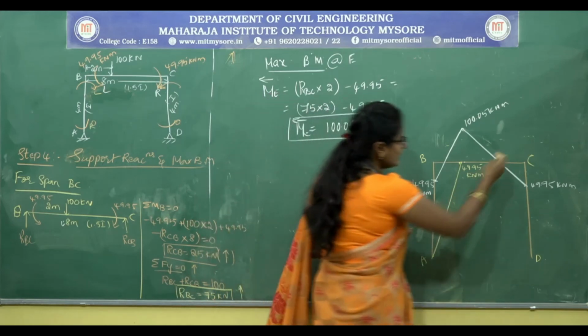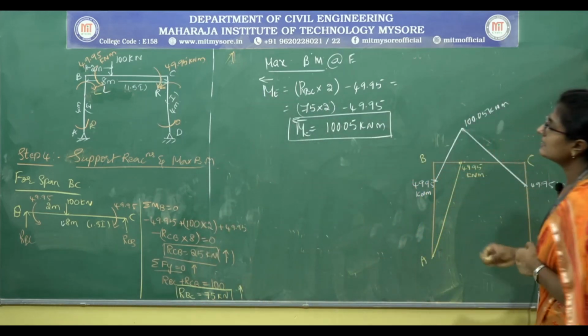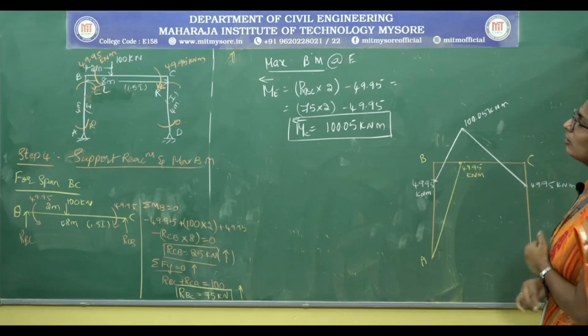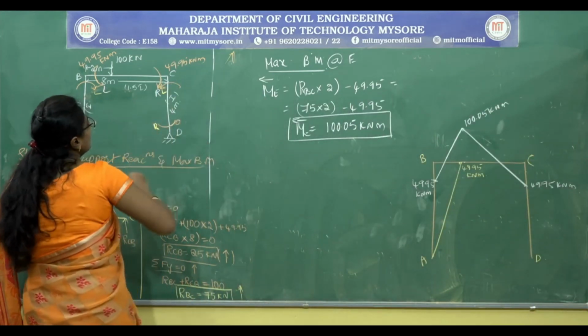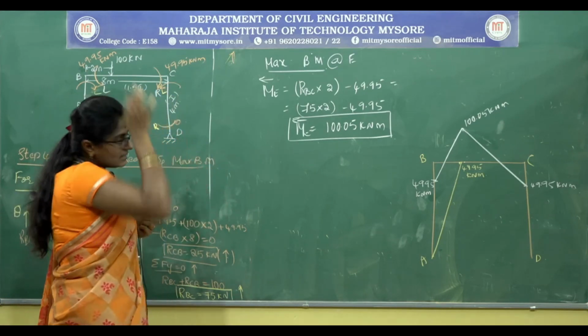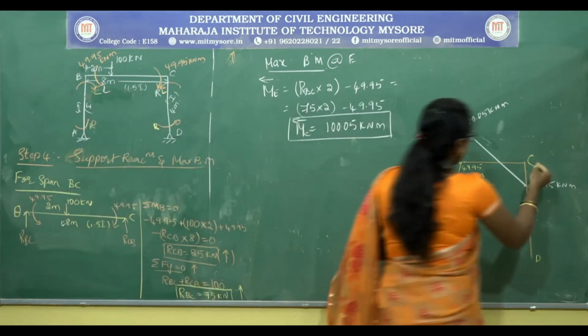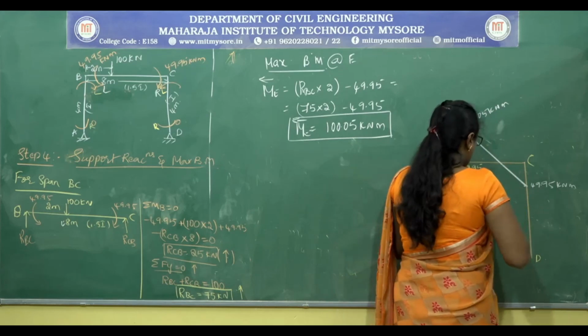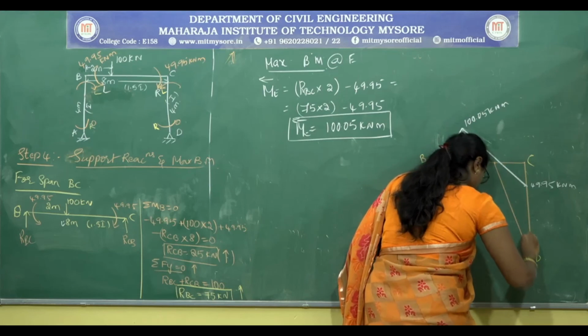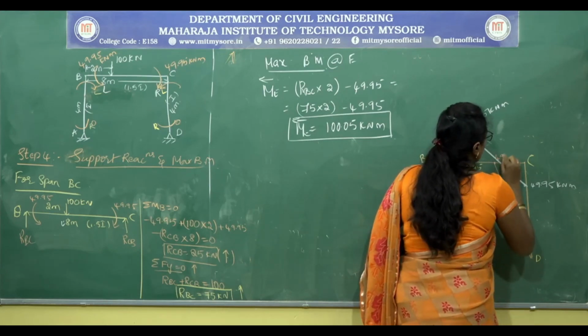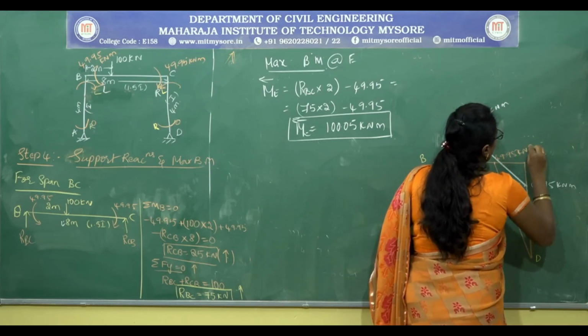Next, between C and D. At C, the moment is acting in the anticlockwise direction. Left side anticlockwise is negative, so I will take it here, then this is 0, and we can join this. This is 49.95 kilonewton meter.